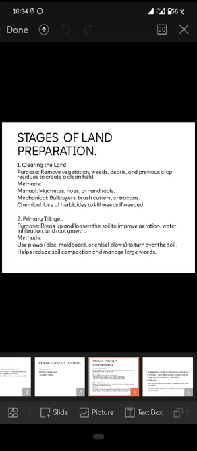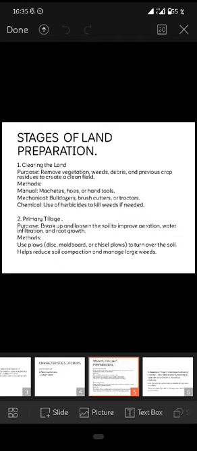Then we have primary tillage or the primary cultivation. The purpose is to loosen the soil to improve aeration, water infiltration, and root growth. Methods include use of the plow, disc, moldboard or chisel plow to turn over the soils.